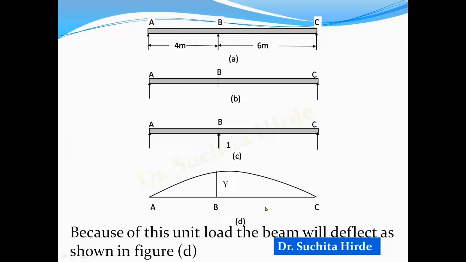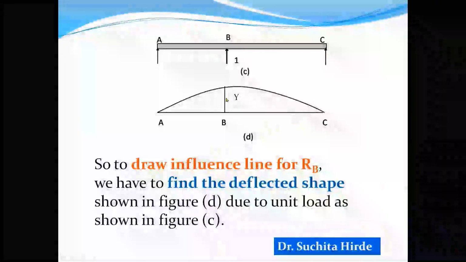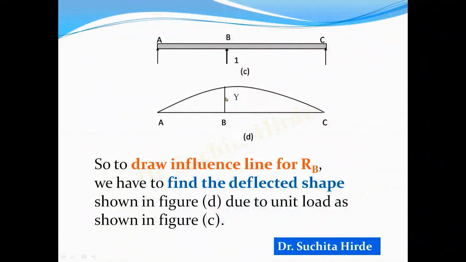To draw the conjugate beam, first of all, we have to draw the bending moment diagram. Now our problem of influence line diagram is reduced to this, that is, calculating deflection for this case, calculating this y. Once you get this y, we can divide all the ordinates by this y to get ordinate 1 here.